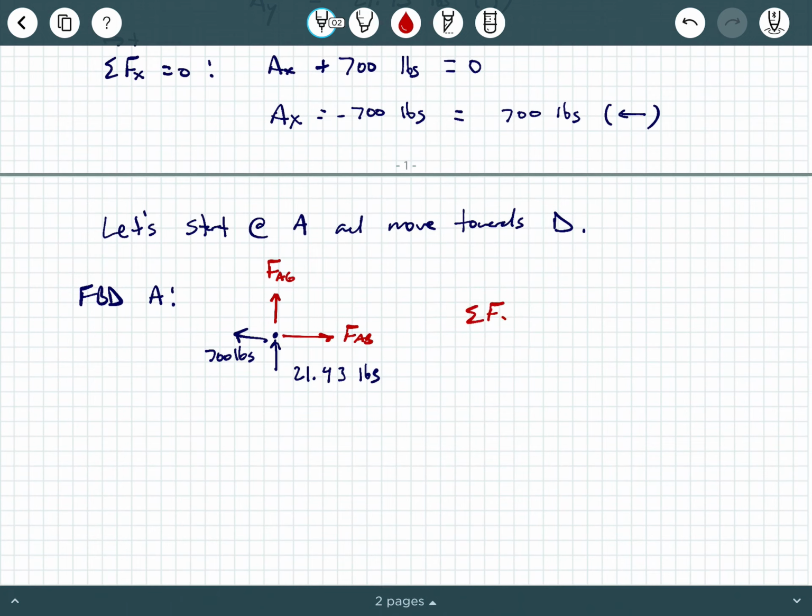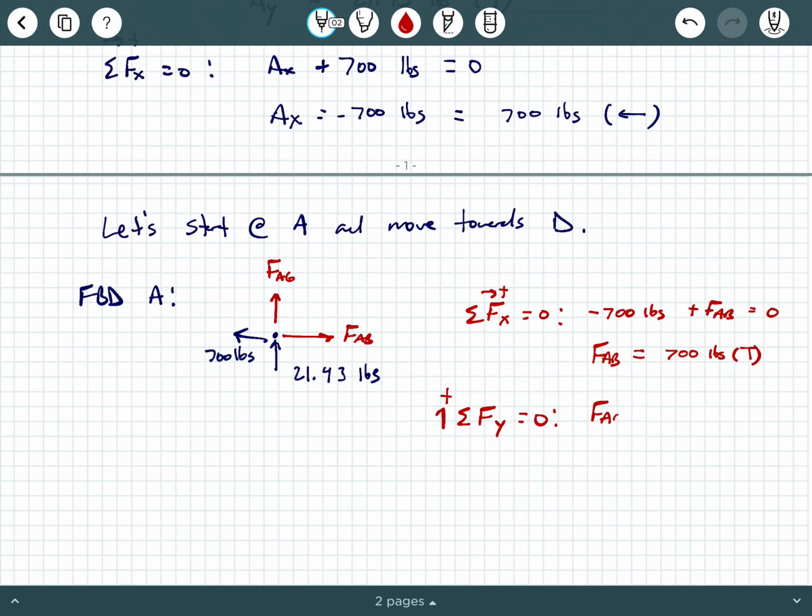And hopefully we can just look at this and we can say by sum of the forces in the x direction equaling 0, we'll have negative 700 pounds plus FAB equals 0. FAB equals 700 pounds. It comes out positive, so it is in fact pointing to the right, which means it is in fact in tension. So then we're going to say sum of the forces in the y direction equals 0, and we're going to have FAG plus 21.43 pounds equals 0.